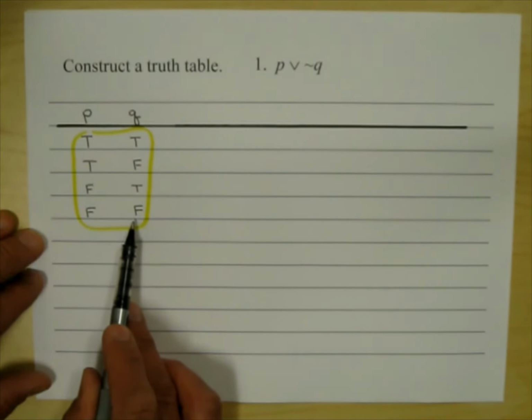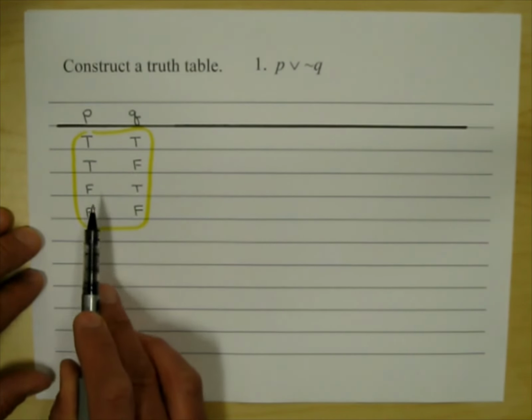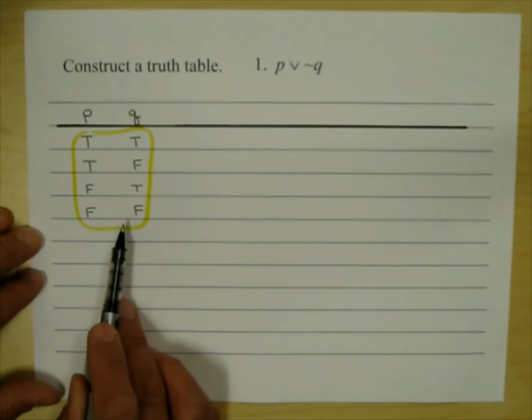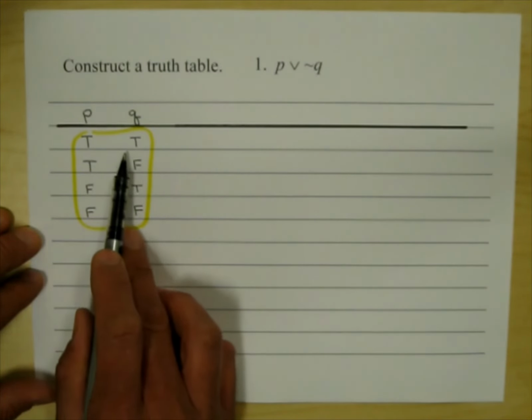The answer to that question is yes. But people are going to hate you if you do. Like you could put false, false, and then true, false, and then true, true, and then false, true. You might even start hating yourself, because if you're doing your homework and you look at the answers, I will always write them like this.